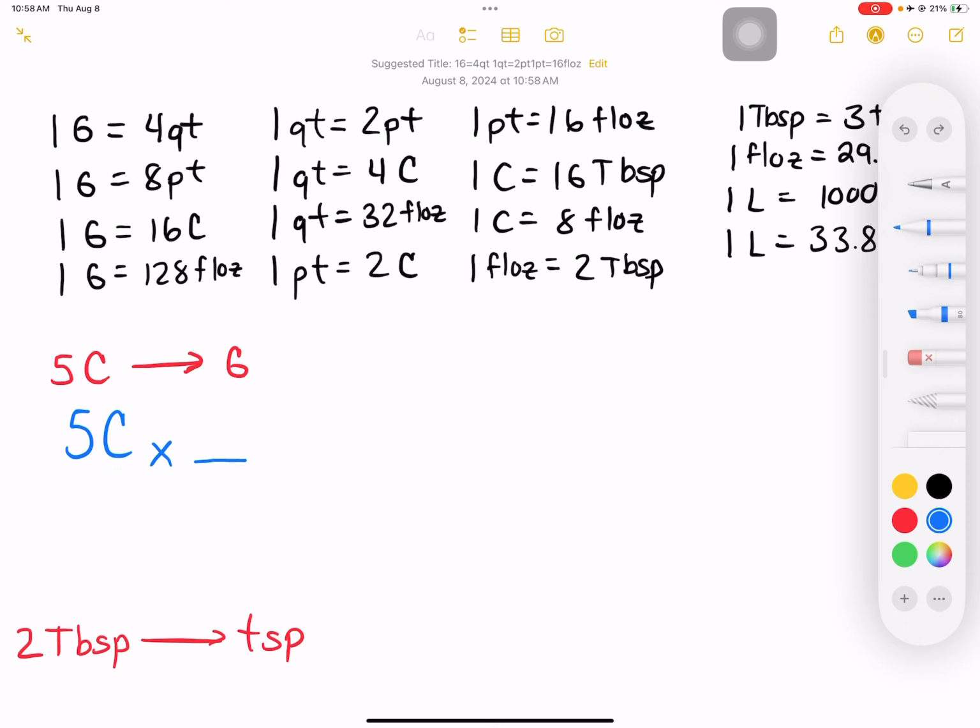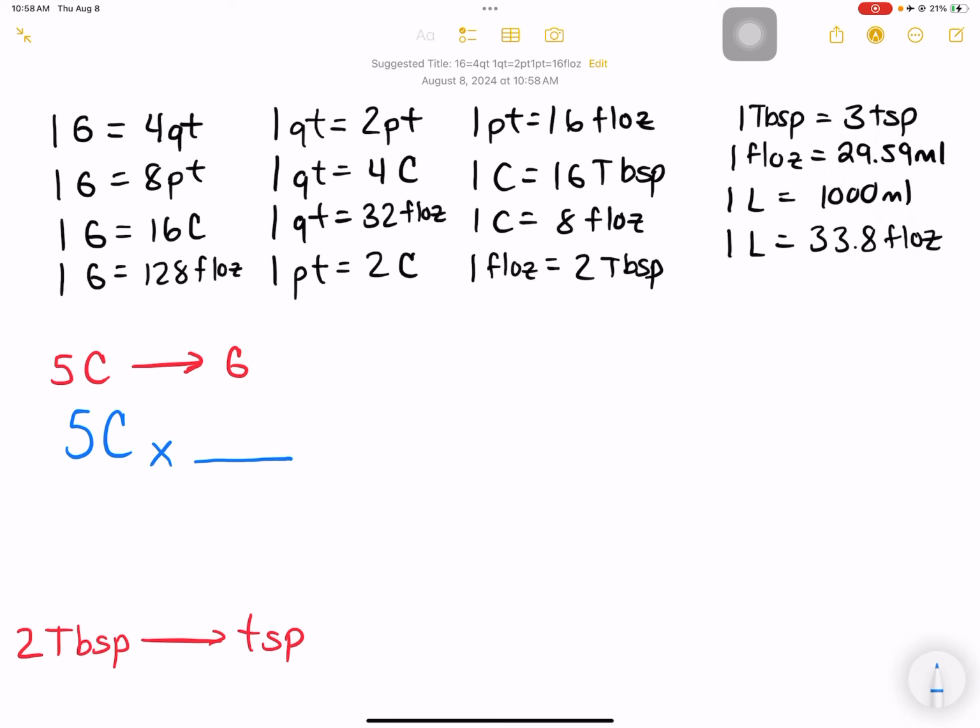But on the next line, because this is going to be a series of multiplications or multiplications and divisions, I'm going to write the conversion factor that takes me from cups to gallons, or from gallons to cups also. Whichever of the quantities in black talks about cups and gallons is the one that I'm going to use.